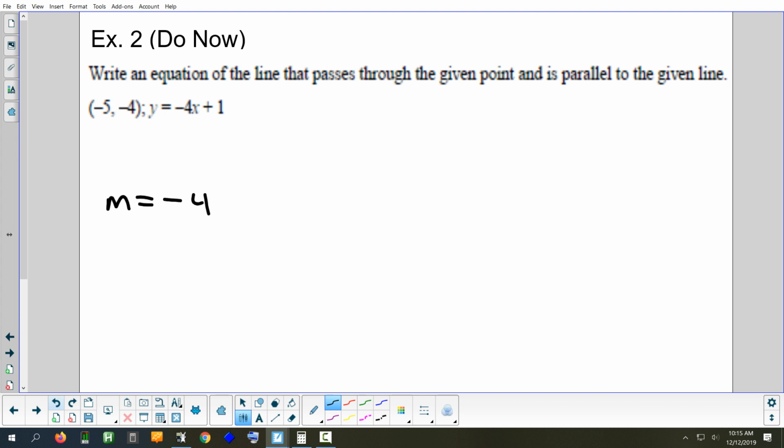And now let's start our equation. And I am going to change this to slope-intercept. Okay, so Blake, in point slope, what's the first thing I write? Y. Yep. And Aileen, what comes right after the Y? Minus.